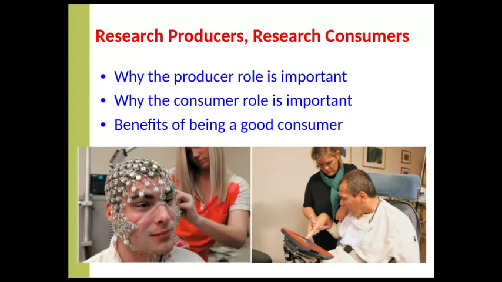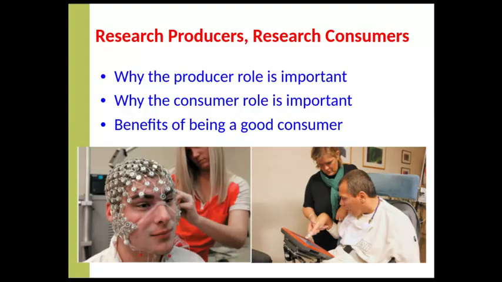The producer role is important because a good producer of research is one that makes sure to be as thorough as possible and to make sure they have enough subjects, to make sure that the definitions are very specific and that you're measuring exactly what you're intending to measure.